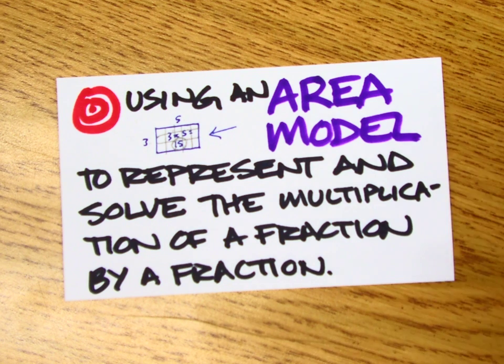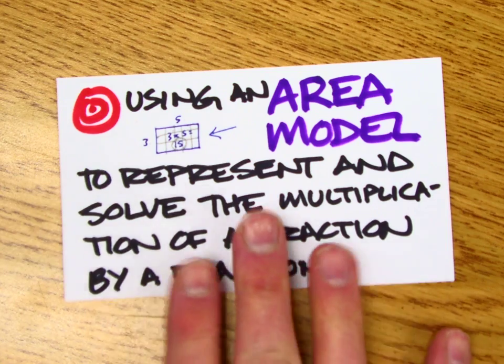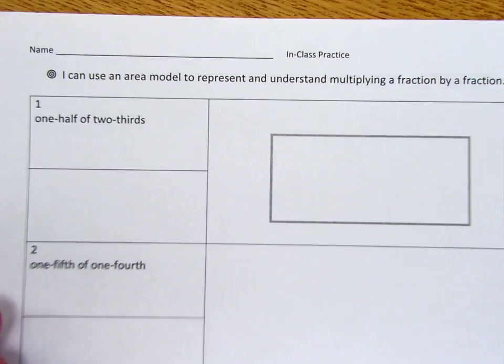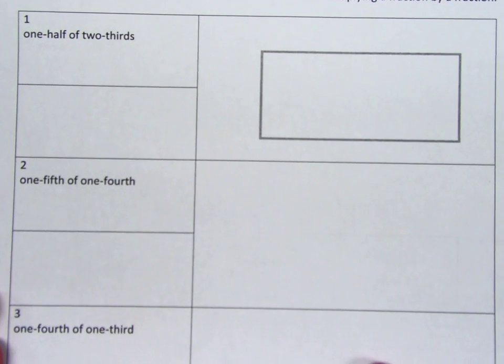And of course later on when kids get into advanced algebra, area models can be related to the multiplication of binomials and polynomials and things like that. So it really is important that students learn this, even if there are time-tested algorithms that kids have learned for how to do multiplication in the past.